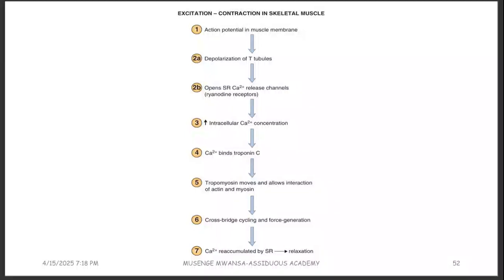So this is the overview of how contraction happens in skeletal muscle, which you can find as an essay for you to write. The first thing is there will be an action potential in the muscle membrane, and then depolarization is going to spread to the T tubules. That is going to open the sarcoplasmic reticulum calcium release channels, which are the ryanodine receptors, and that is going to increase calcium concentration in the cytosol.